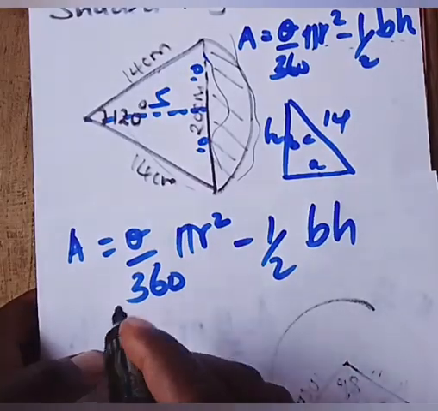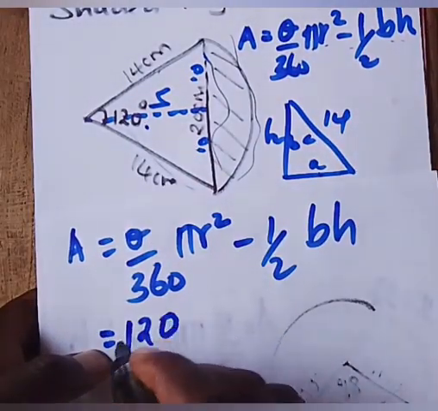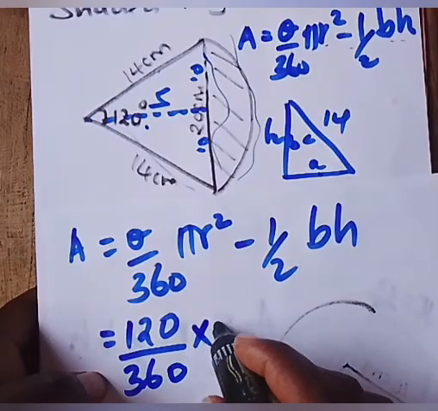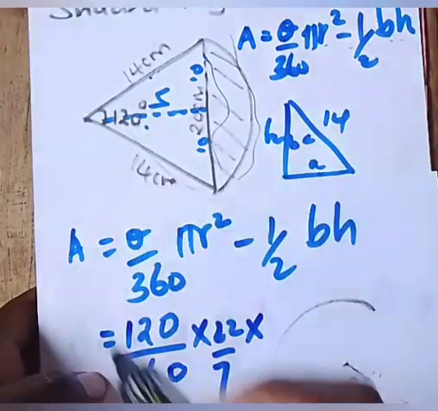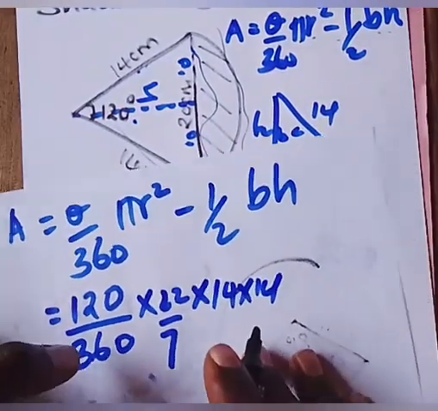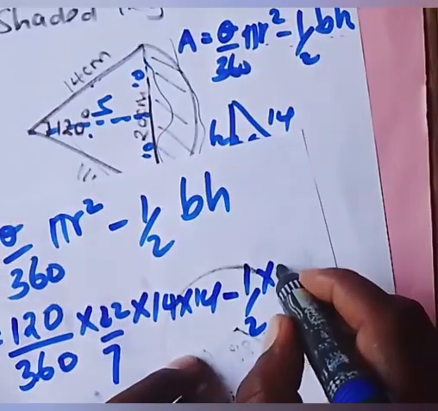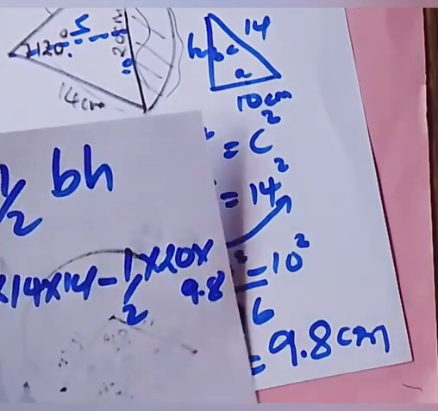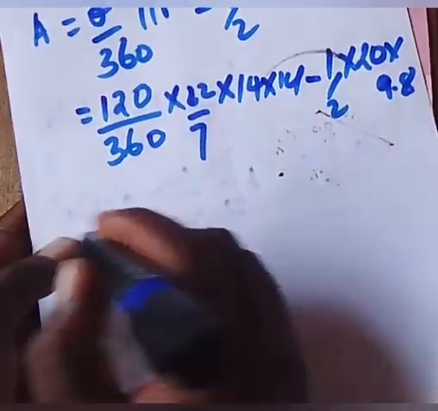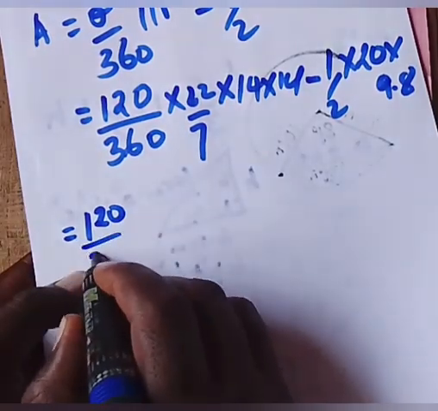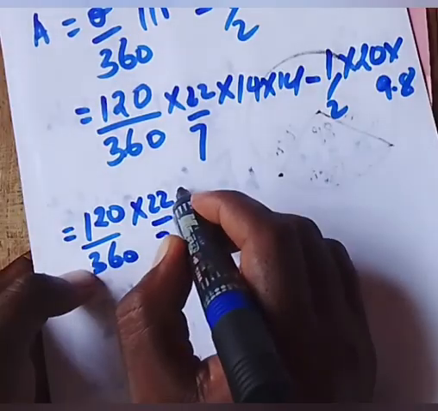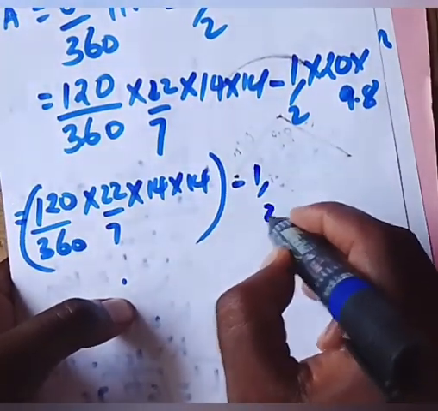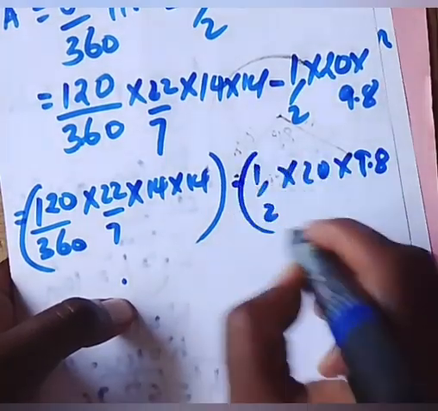Looking at our question, theta is 120 over 360, multiplied by pi, which is 22 over 7, times the radius 14 squared, so 14 times 14, minus a half times our base 20 times our height 9.8. You put each part in brackets.